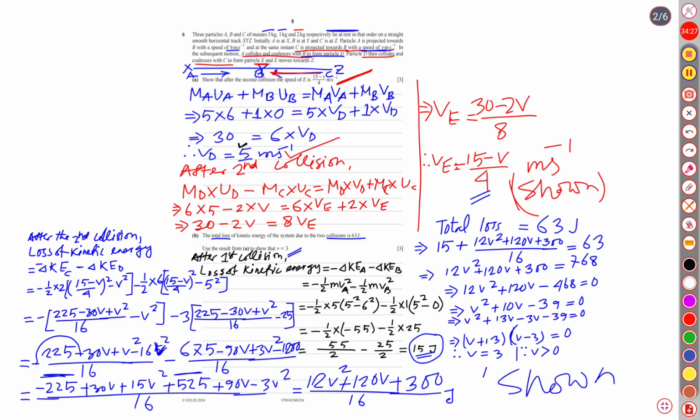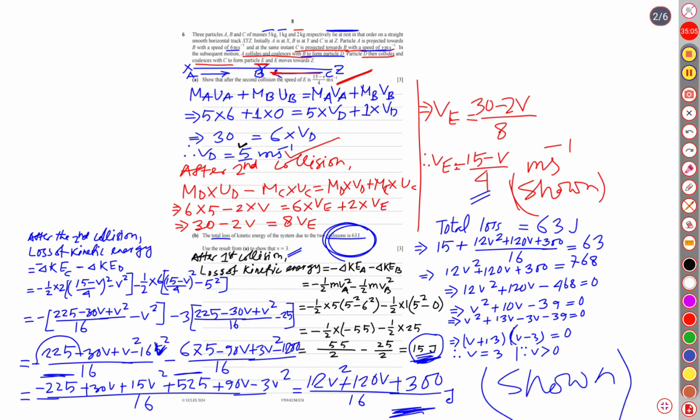I think you have understood the solution, that for finding total loss of kinetic energy, stepwise we have done this. First we found the loss of kinetic energy after the first collision, which was 15 joule, then the loss of kinetic energy after the second collision was 12 v square plus 120 v plus 300 over 16, and they have told that the total loss of the kinetic energy after two collisions is 63 joule.